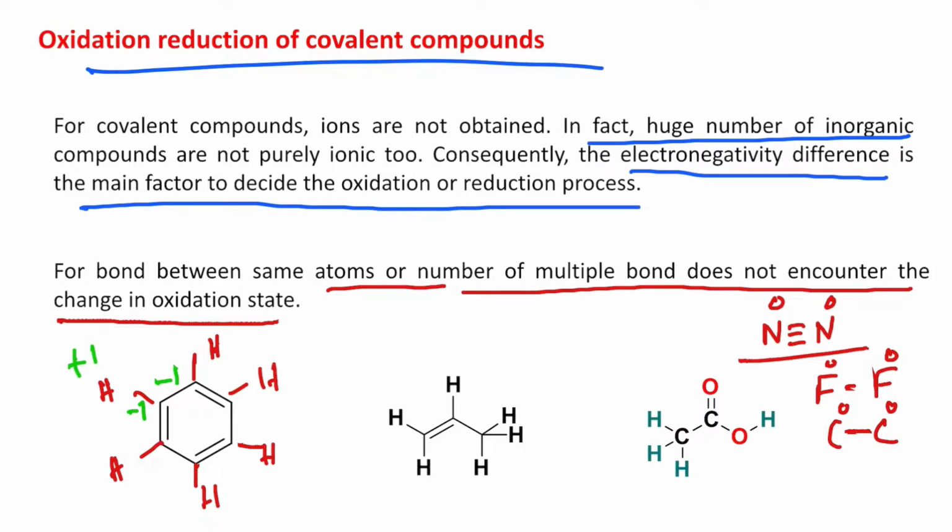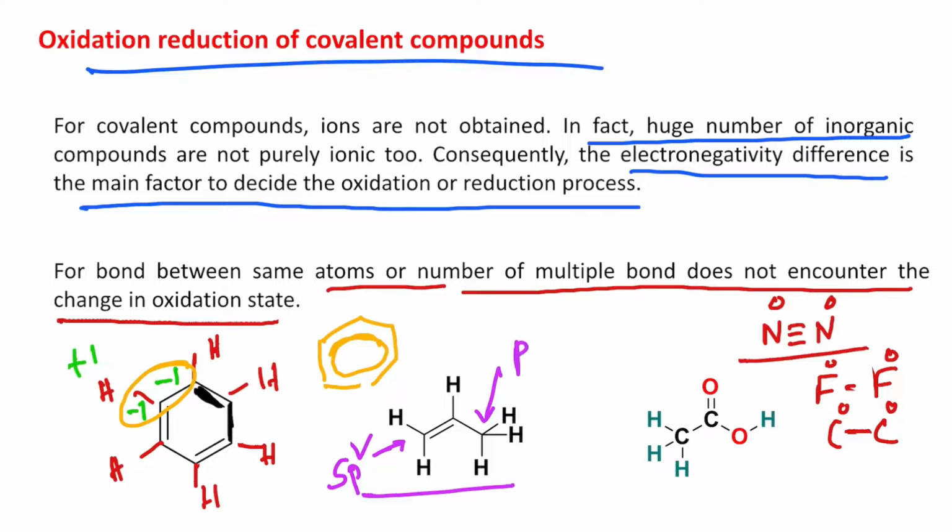So now you will say, sir, you are stuck. In this case, you can see that there is one double bond, one single bond. Still, it doesn't matter. Oxidation state is the same. But you can say here that, sir, in benzene, you can't distinguish the double bond and single bond because it's completely delocalized. So this is not a perfect example. A perfect example you can consider is propene. In this case, this is sp2 and this is sp3.